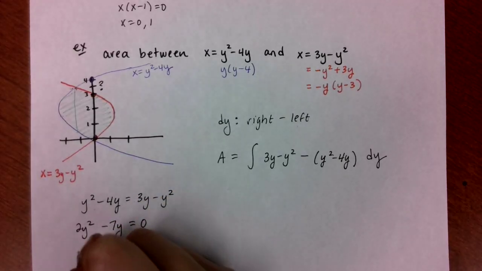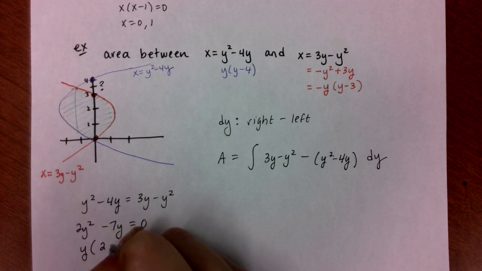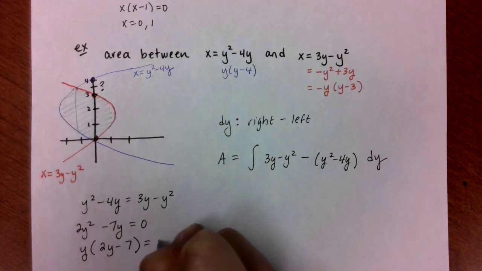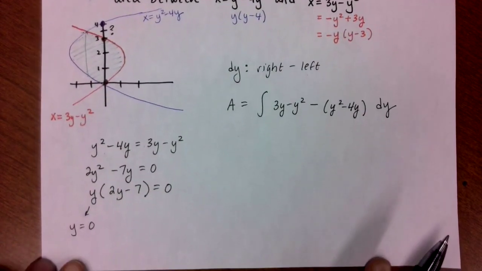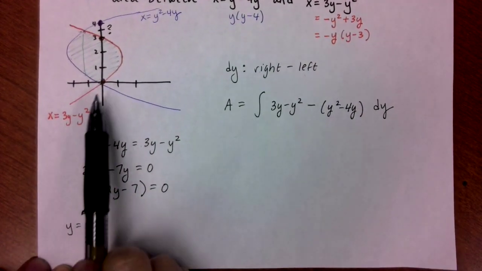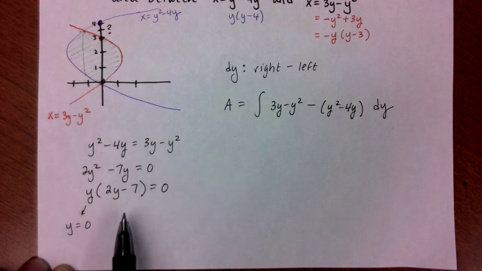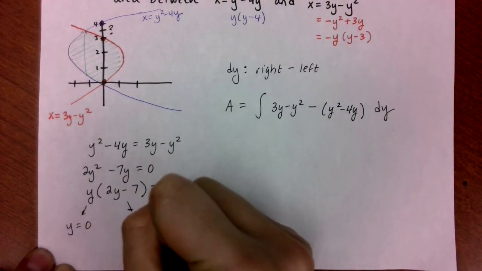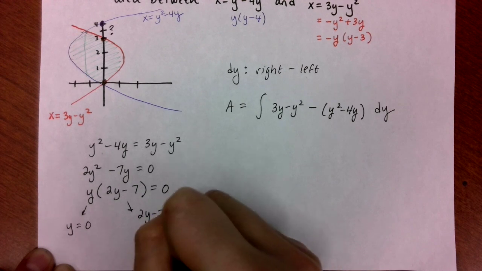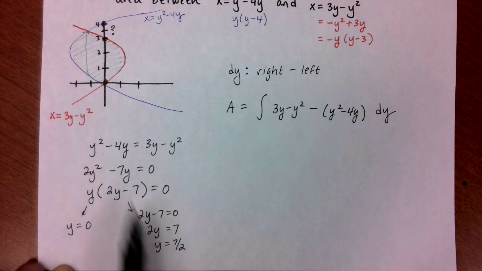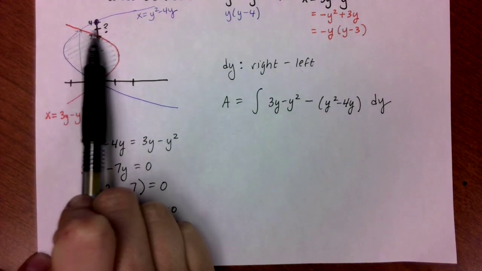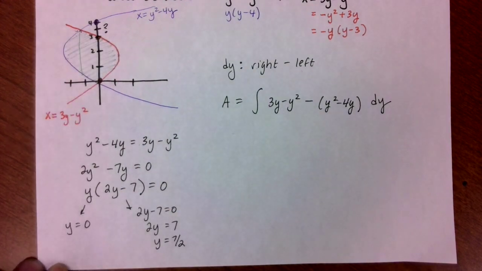I can factor out a y, and I get 2y minus 7 inside. So y equals 0. Ooh, I said this was on the screen. There we go. So this y equals 0 is this intersection point right here. And then this other one is 7 over 2, which is 3.5, which makes complete sense given what we were seeing in the picture.